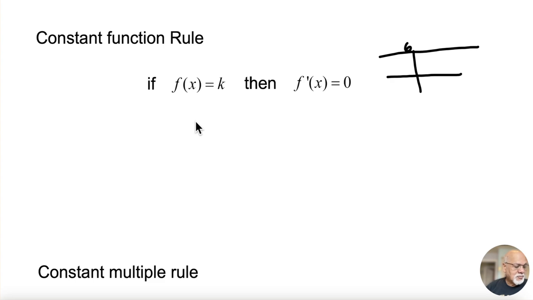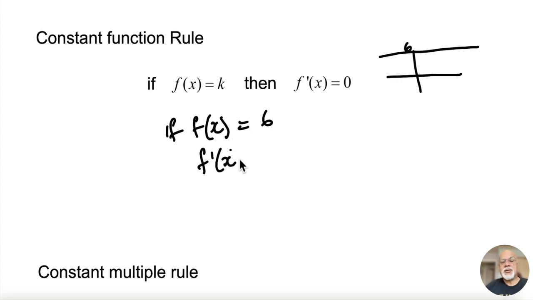So if f of x is equal to 6, then f prime would be 0. Okay, so that's just demonstrating the constant function rule.